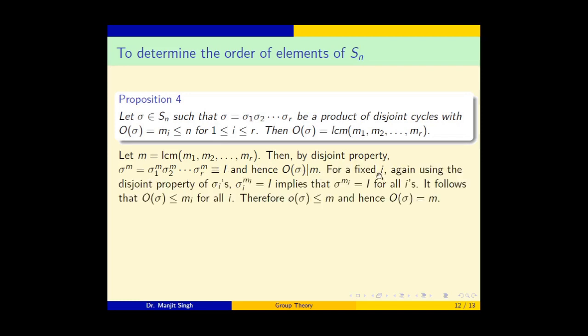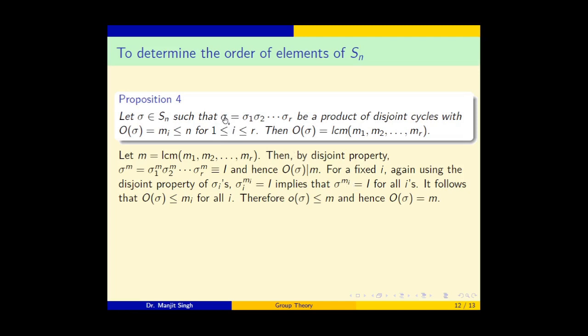In the reverse situation, we will see that the order of sigma equals m. In order to prove this, for a fixed i, again using the disjoint property, sigma i to the power mi is the identity by the order, because mi is the order of sigma i. Now this implies sigma to the power mi is the identity on these cycles. Why?